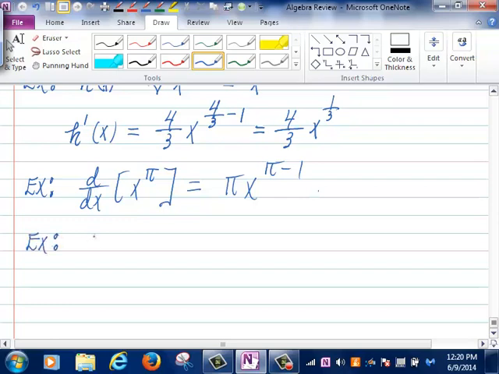Let's say I have the function g of x, and the function g of x is 4 times x to the 5 plus 3x squared times the root of x minus 1 over x. Again, you want to find the derivative of the function.